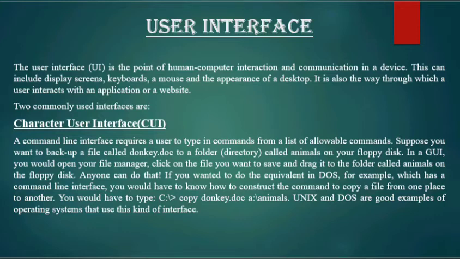User interface is divided into mainly two types: character user interface and graphical user interface. The first one is character user interface. From the name you can understand what CUI or CLI, command line interface, is. Character user interface means you need to type certain commands to communicate with the computer. So you need to learn different types of commands. Is it easy or not?